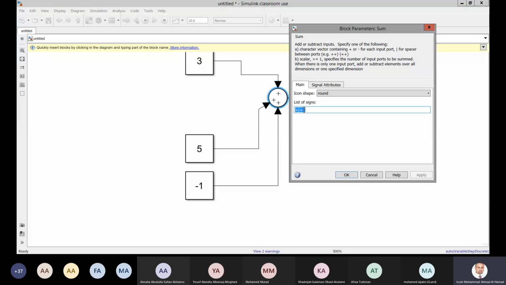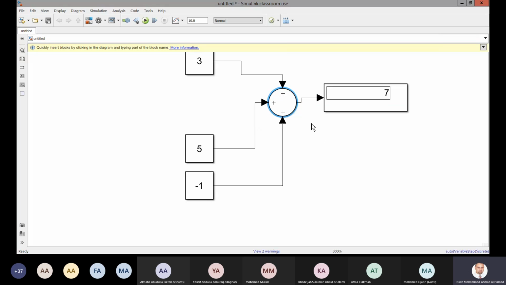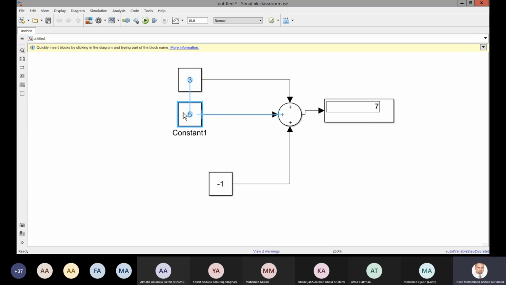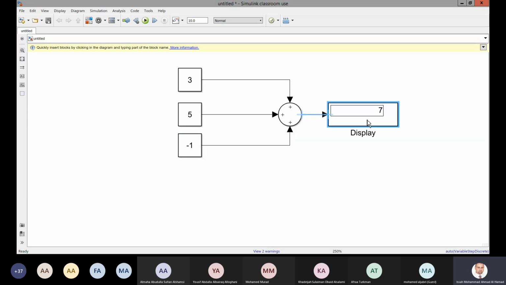So if I add another one here, it can be much better in terms of look. So you add them together, something like this. I'm not satisfied with this, so now it's like this. Okay, it's much better in terms of representation.